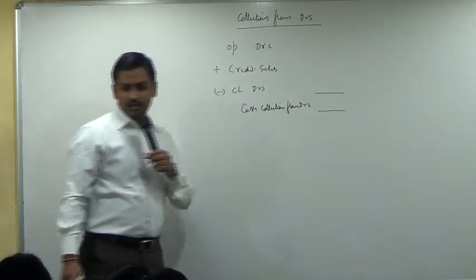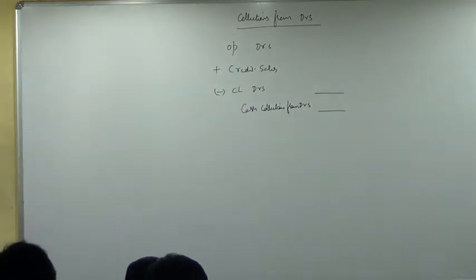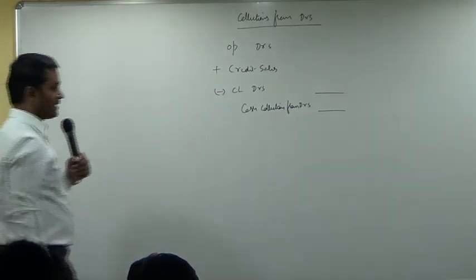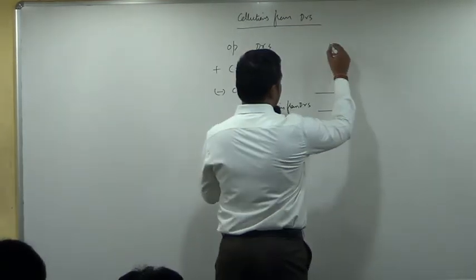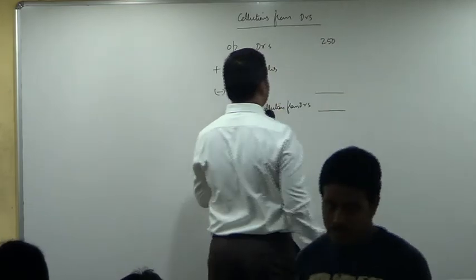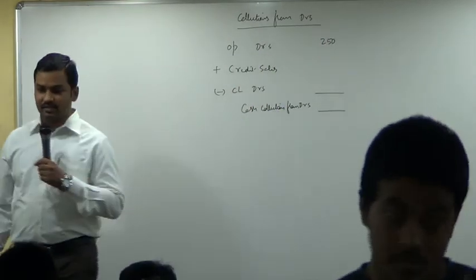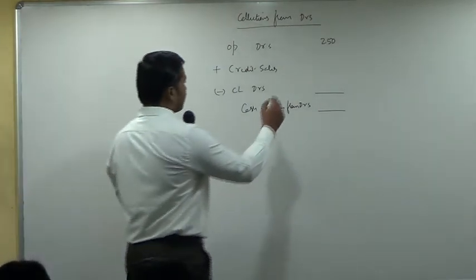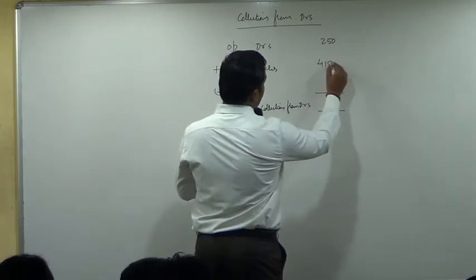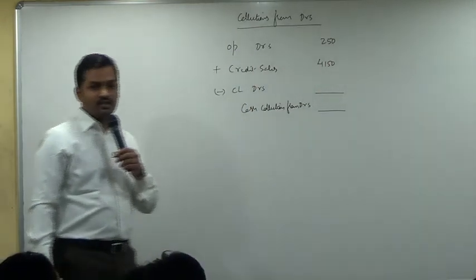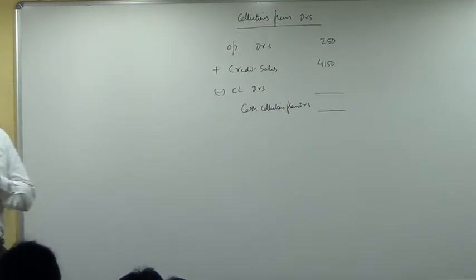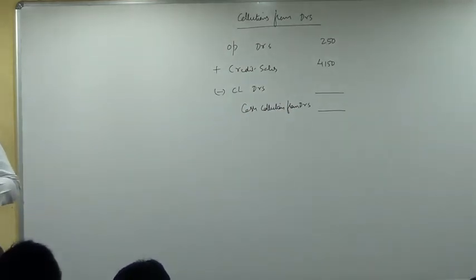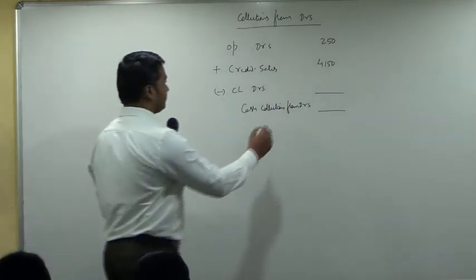Opening debtors given to you very clearly, 250 lakhs. Credit sales, see the P&L account. The total sales is 4150 lakhs. I'm assuming the entire sales is credit sales, 4150, minus closing debtors 400.